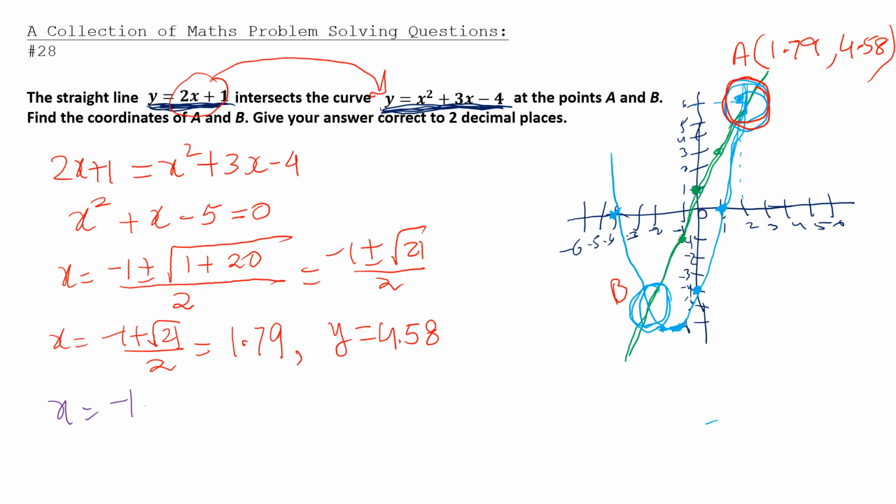So B would be x equals minus 1 minus root 21, divided by 2, which equals minus 2.79, and y would be equal to 2 times minus 2.79 plus 1.